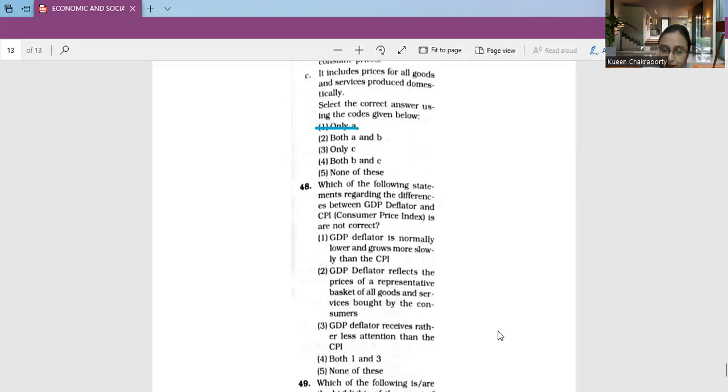GDP deflator compares the price of currently produced goods and services to the price of the same goods and services in the base year, whereas the CPI compares the price of a fixed basket of goods and services to the price of the basket in the base year. So this is basically the difference. So accordingly, I have option number 2 as the correct option. I will mark this as the correct option.